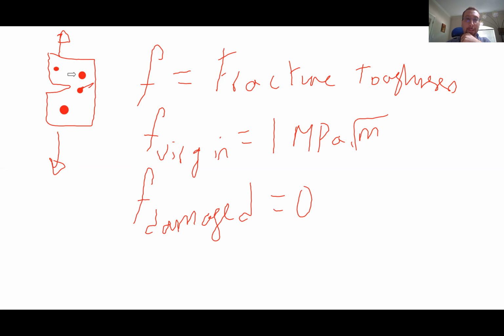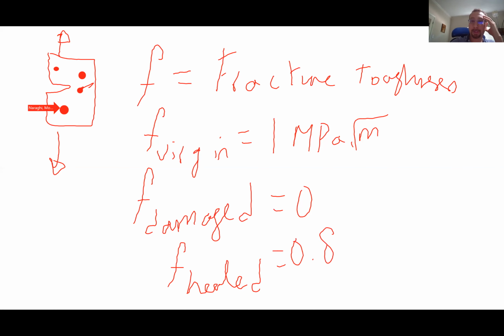So basically now the material has the healing capability, and I heal it with mechanisms that we will learn. And so now I do another fracture experiment on that. And this time, let's say I measure 0.8 megapascal square root meter.